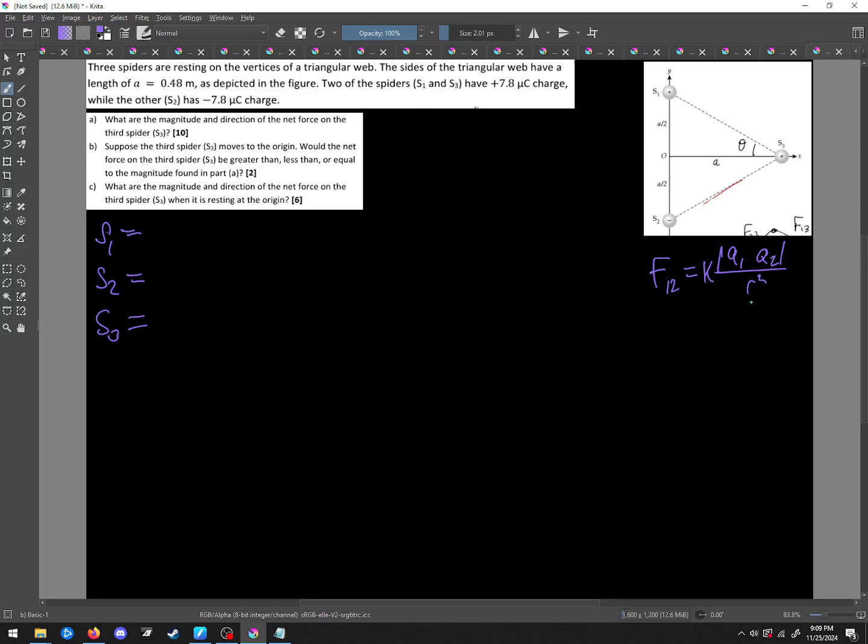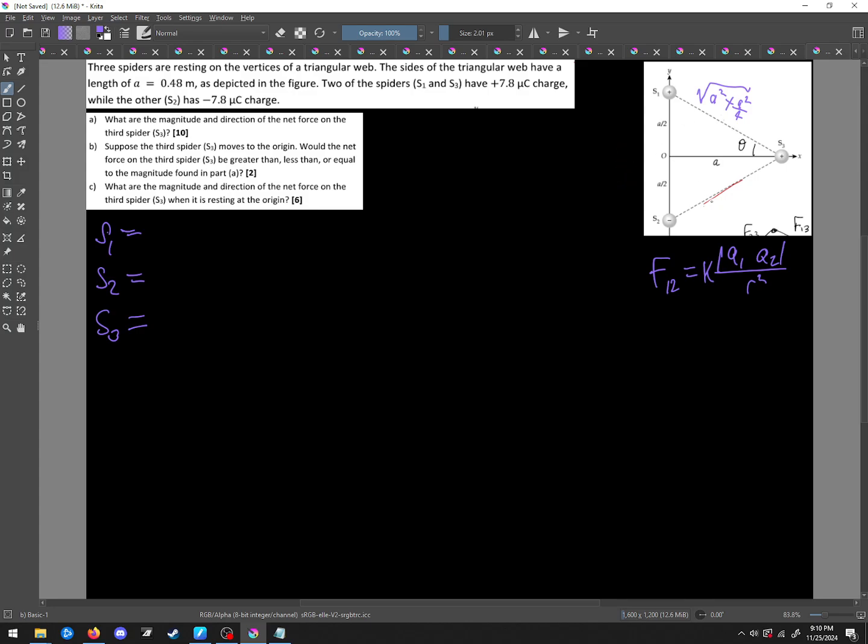And the next thing we should do is, well, what's R? R is going to be the distance right here, which if we have a side of A over 2 here, and the other one's length A, then we can write the length here, R, as the square root of A squared plus A squared over 4.